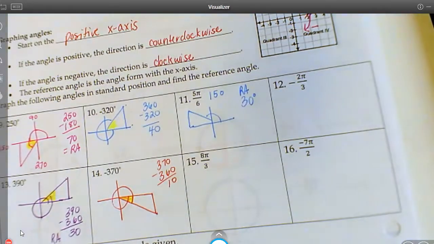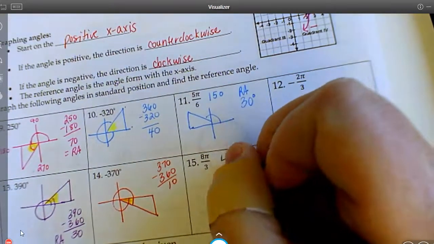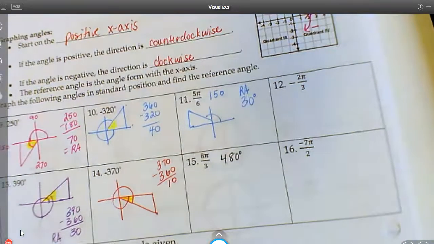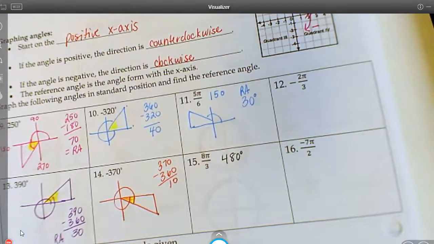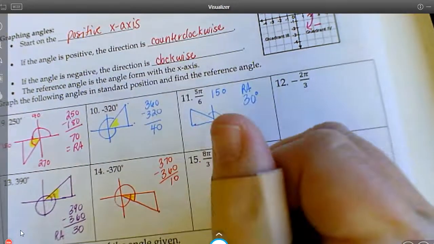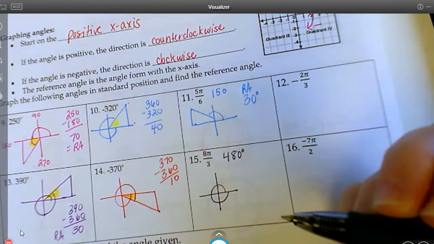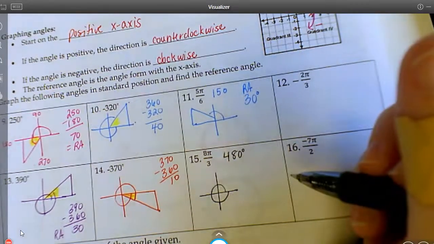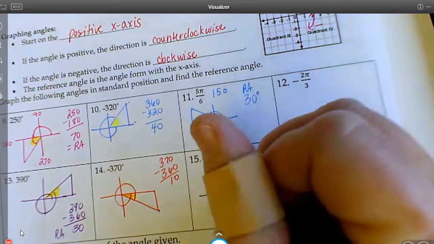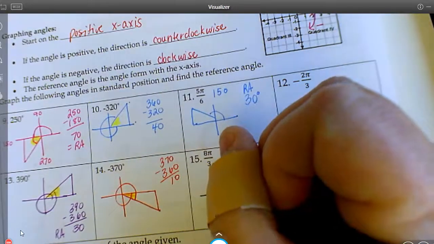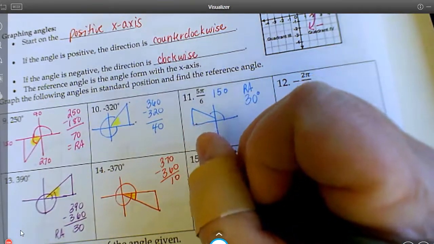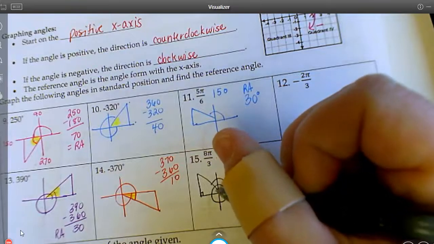Number 15. If you change number 15, you get 480. And so basically to draw or graph 480, you go 360, and then you go 120 more. And 120 comes out to be kind of that same quadrant that we have right there. Make your little triangle. I'm looking for this angle down here.